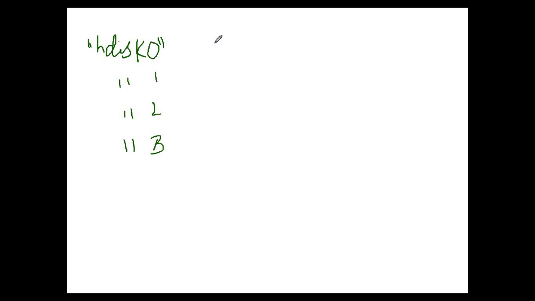Similarly, if it is an Ethernet adapter, then the naming convention will be ent. First would be called ent0, second would be ent1, then ent2, ent3, ent4, and so on and so forth.